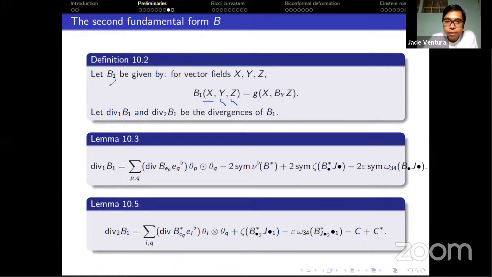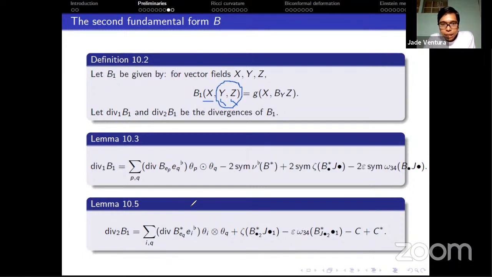It turns out that the divergence with respect to the second slot is equal to the divergence associated with the third slot. So we just have 2, divergence 1 of B1 and divergence 2 of B2. And they are as shown here in these lemmas.